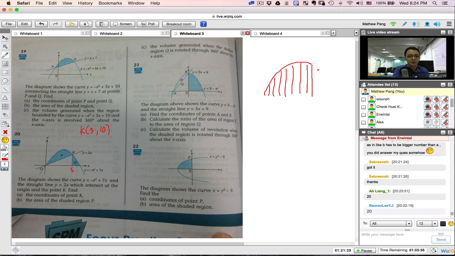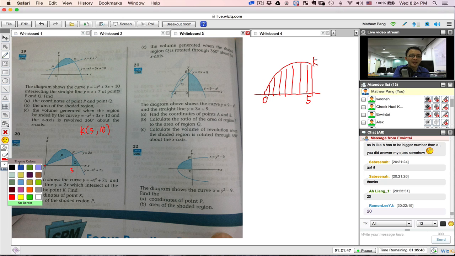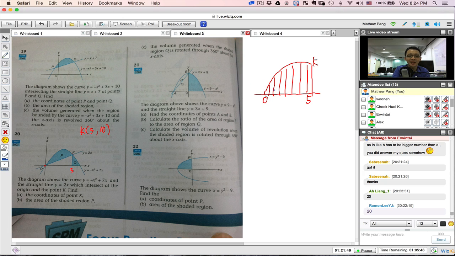Alright, this is k, right? Let's say, this is just an example, 0 to 5. But I want to get the area of P, that means I need to minus the area of triangle. I need to minus this area of triangle, then I can get the shaded region P.